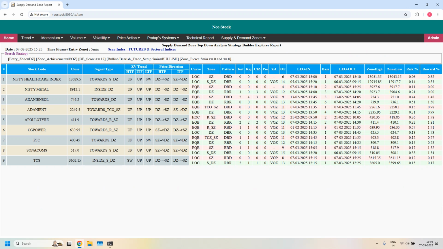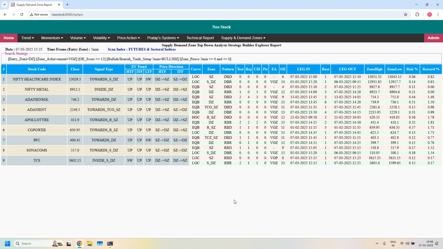These 9 stocks are currently supporting bullish trade setup for hourly income trade, and all the entry time frame zones are 5 minutes demand zones. And a few demand zones are high liquidity 5 minutes demand zones. Okay. So we can look for more probability to get success based on this zone confluence.